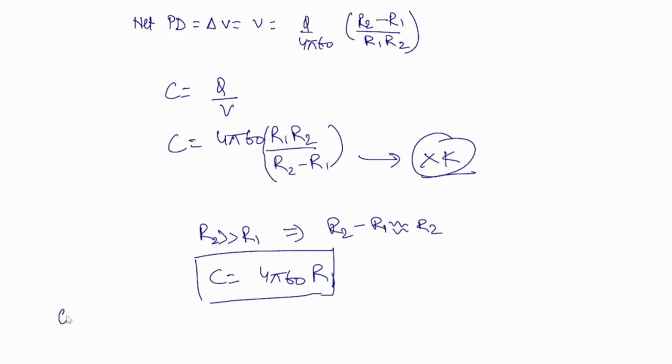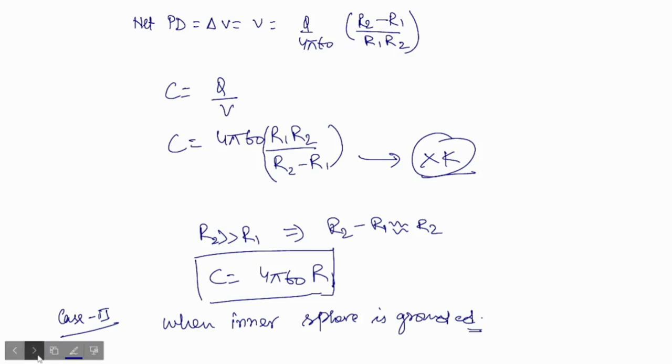Now the second case, case number 2, when the inner sphere is grounded. When the inner sphere is grounded, the potential on the inner sphere must be zero.